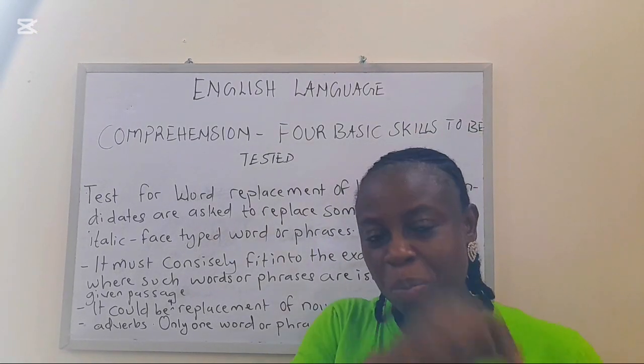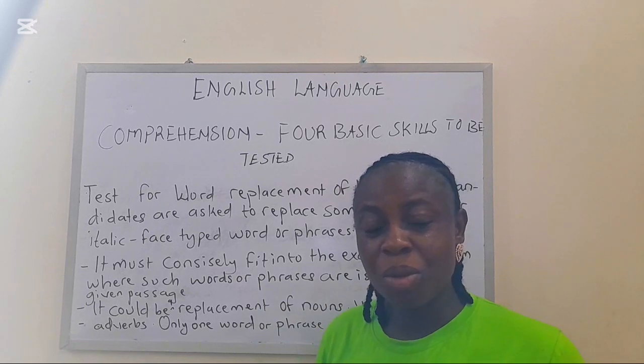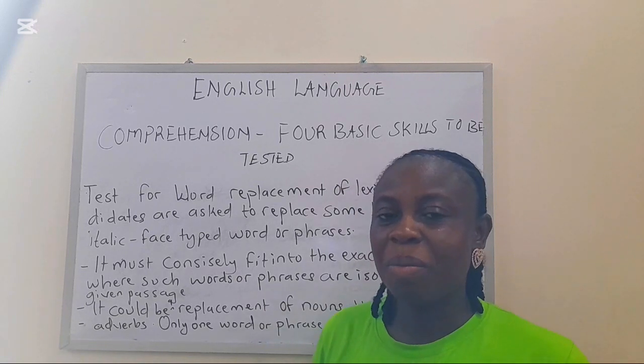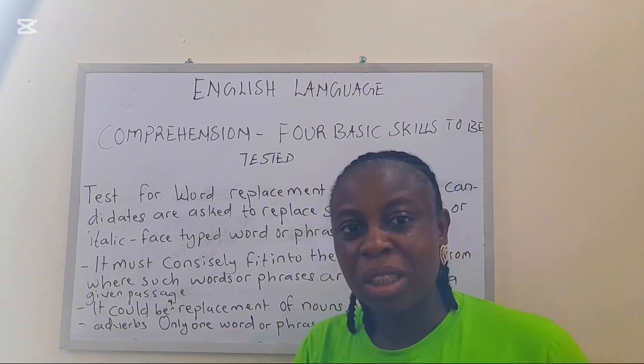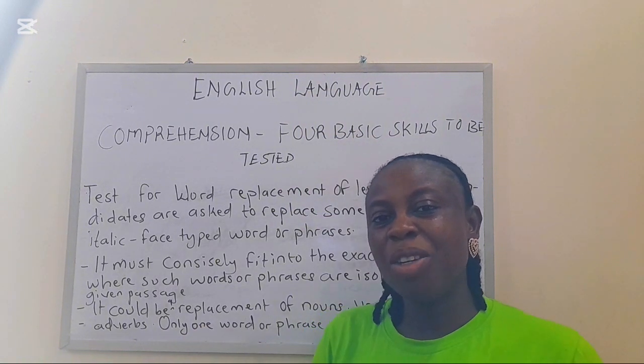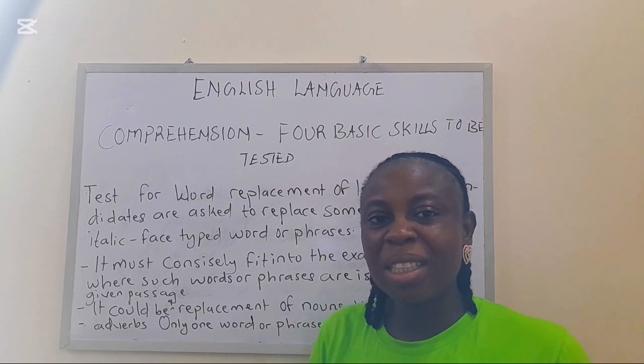Normally, the word is picked from the comprehension passage. So you go back to the passage, look at the exact sentence, what is used there, then you are able to isolate it and fit in properly the exact word.